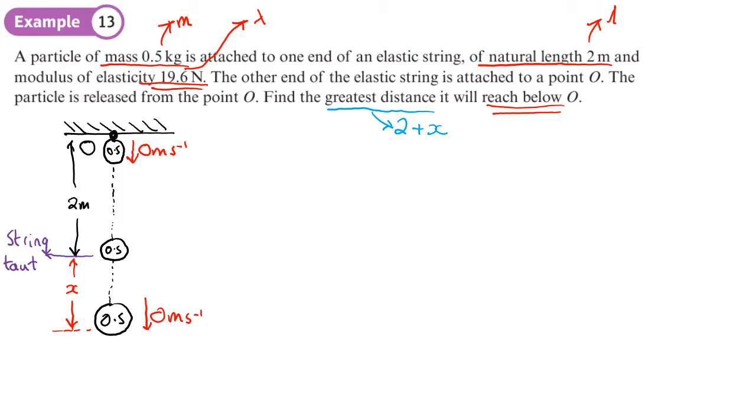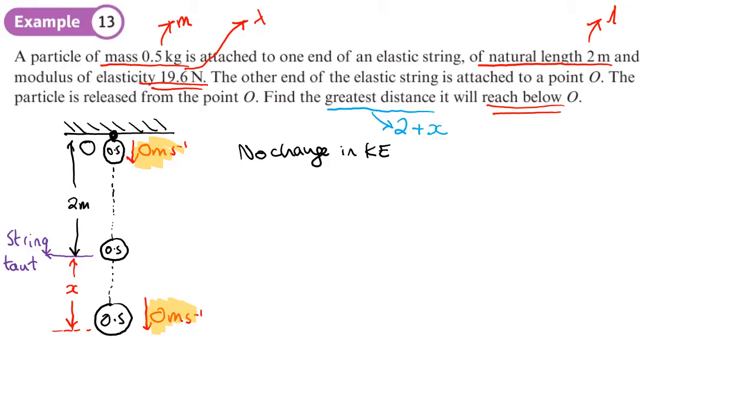Now you'll see that the velocity or speed at the start is 0, and it finishes at 0. So that tells us that there's actually no change in kinetic energy. So we won't be using kinetic energy in this question because it goes from 0 to 0.